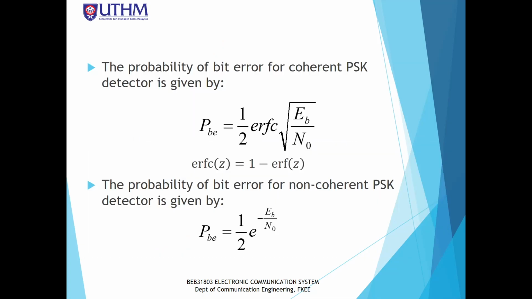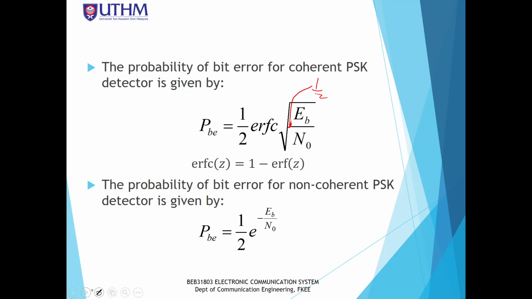And then regarding the probability of bit error at the receiver side, the probability of bit error for the PSK is different compared to ASK and FSK. Dia berbeza dengan FSK dan juga ASK, where you see that the difference is there's no 1 over 2. Compared to the ASK and FSK, the probability of bit error we have 1 over 2 ERFC in bracket square root of Eb over 2N0.